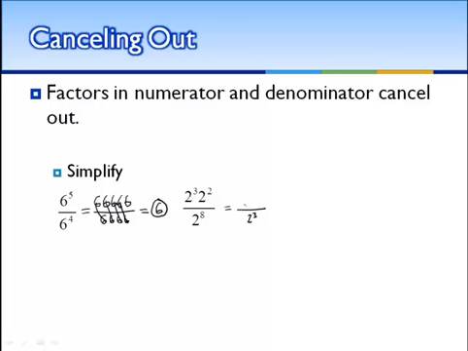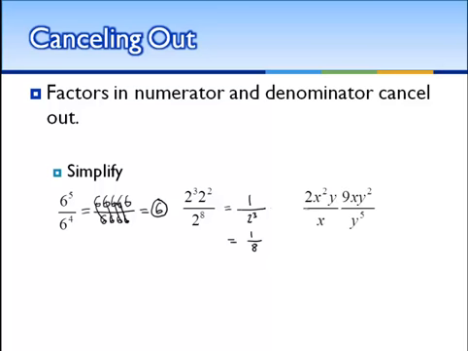Remember, if everything on top gets canceled out, we would write a 1, and so that's the same thing as 1/8. If you got lost in some of that, actually write out all the 2's and all the 2's down here and start canceling them out, and you'll see that this is what we end up with.